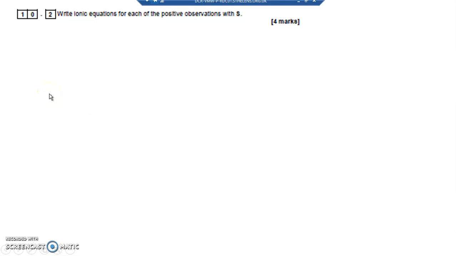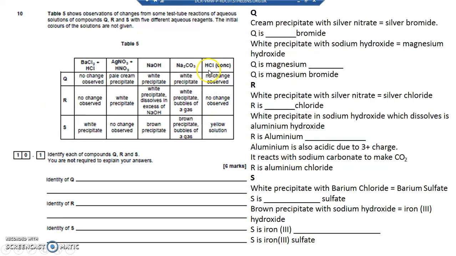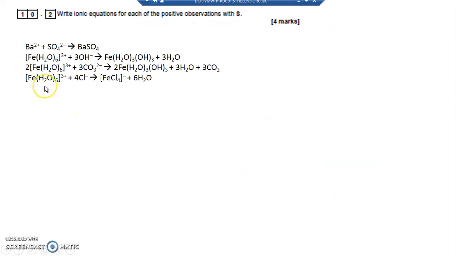And then finally, my final one is concentrated hydrochloric acid. So concentrated hydrochloric acid can replace the water ligands to release 6H2O, but you can only get 4 Cls. They're quite large ligands, so you can't get 6 as in water. You can only get 4 chloride ligands around a central transition metal ion.